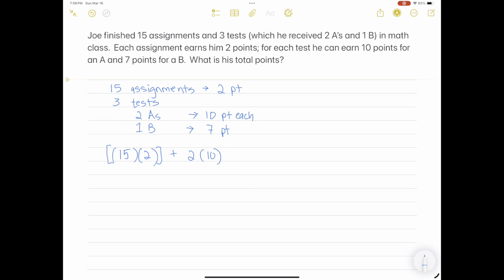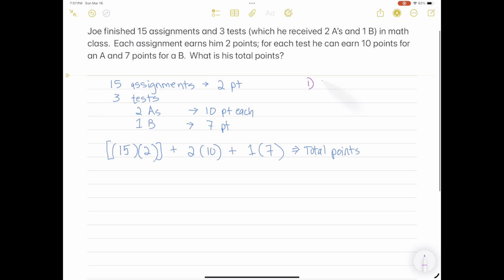And for the 1 B, he gets 7 points, so that would be plus 1 times 7. So this equation will help us figure out his total points. So equals total points.